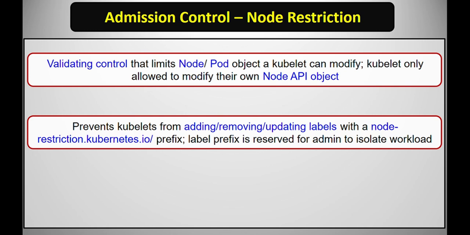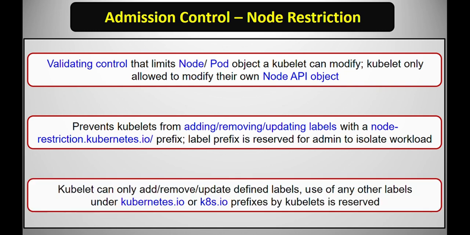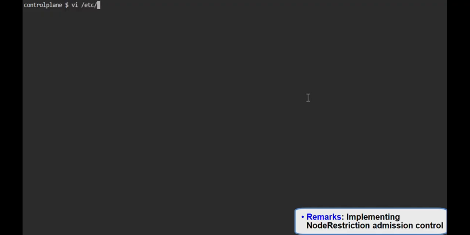This particular label prefix is reserved for admins to isolate the workload. Further, a kubelet can only add, remove, or update defined labels. Use of any other labels under the kubernetes.io or k8s.io prefix by kubelets is reserved. So only particular labels can be implemented.